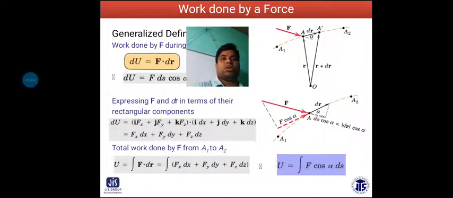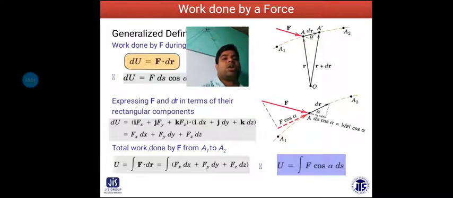So the total work done by F from A1 to A2: U is equal to the integral of F dot dr, which also equals the integral of Fx dx plus the integral of Fy dy plus the integral of Fz dz.